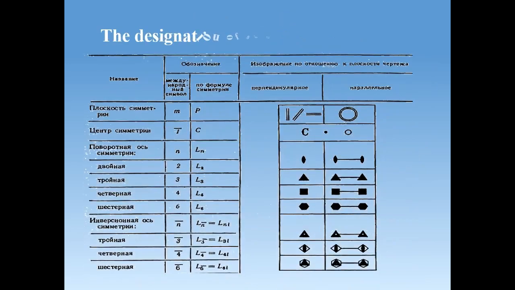Here we see how to indicate the plane of symmetry M, the center of symmetry I, the ordinary axis of symmetry N: the second order 2, the third order 3, the fourth order 4, the sixth order 6, and the inversion axis of symmetry N minus: the third 3 minus, the fourth 4 minus, the sixth 6 minus.